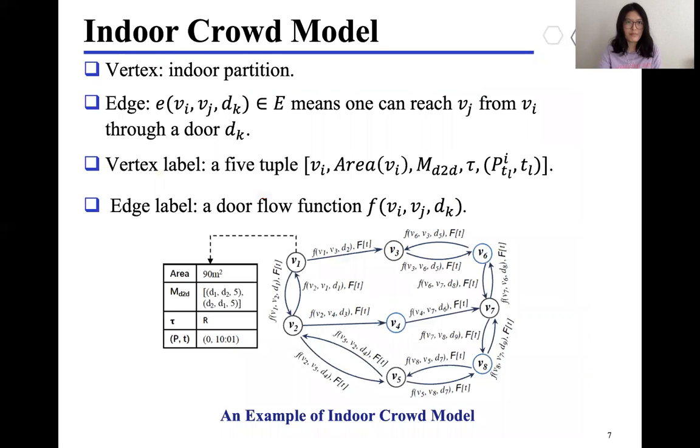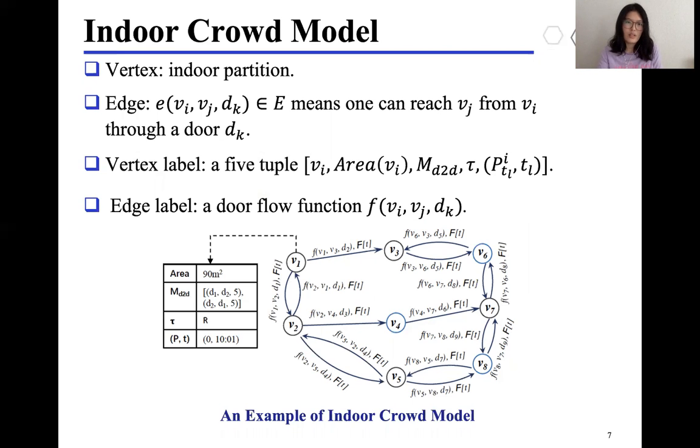Okay, here is the indoor crowd model. Each vertex represents an indoor partition, and its label includes the partition's area, door-to-door distance metrics in that partition, and population information in that partition.